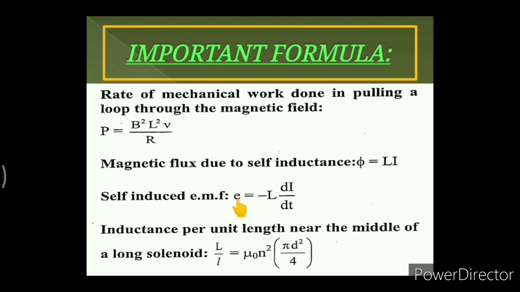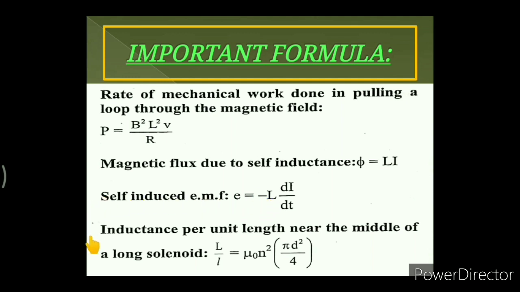As EMF induced is given as minus d phi by dt as per Faraday's law, and the value of phi we are getting as LI, L is constant and I is changed with respect to time. So E is equal to minus L dI upon dt, where the negative sign indicates that the induced current or induced EMF tries to oppose the change or the cause which produced it.